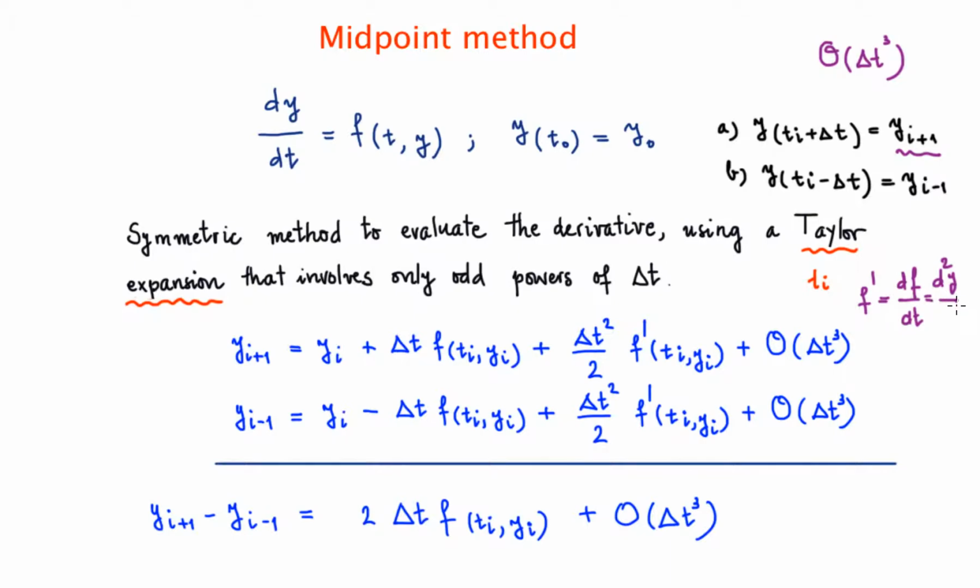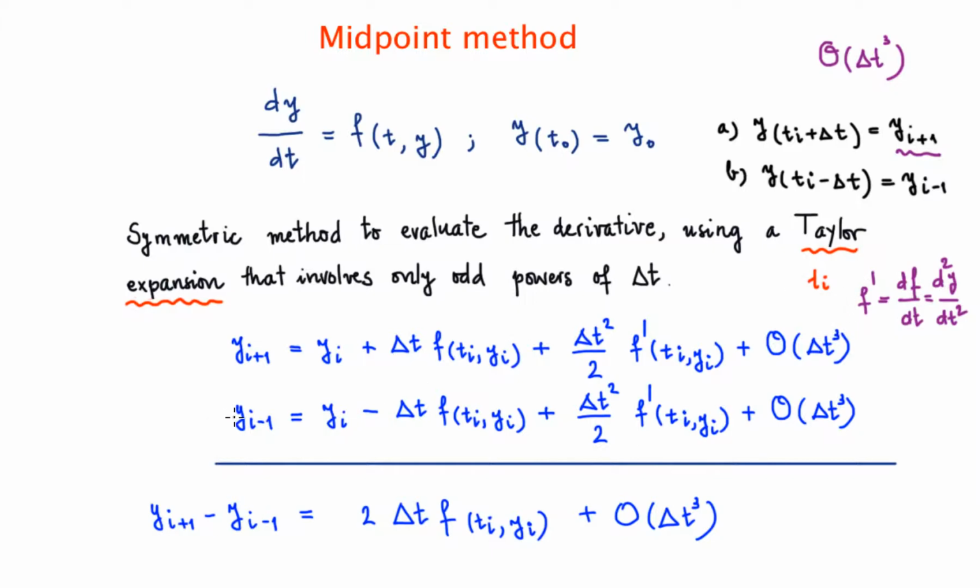This is the third term here in the Taylor expansion. We are going to cut the Taylor expansion at this order, so that the error is of the order of delta t to the third power.